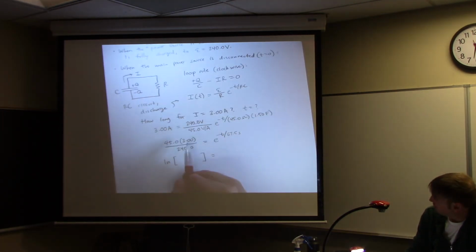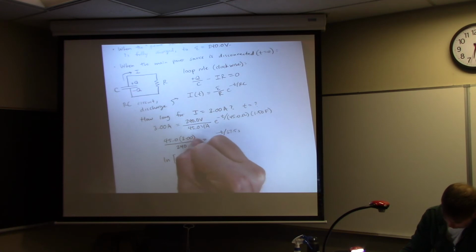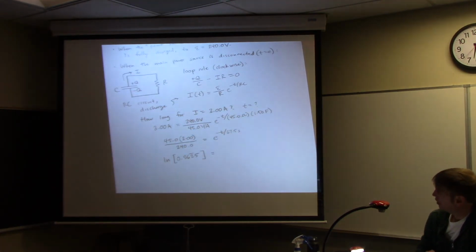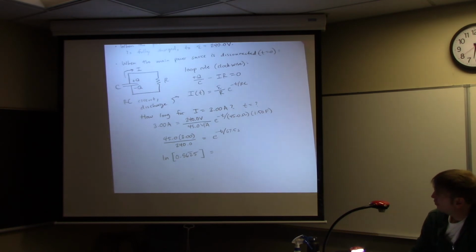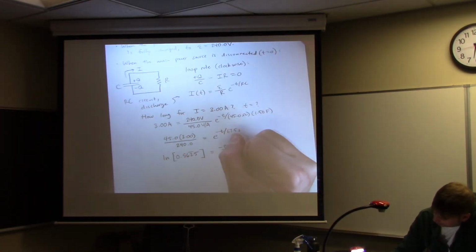Okay, and the left side, if you crunch these numbers, is 0.5625. So the natural log of 0.5625 is equal to minus t over 67.5 seconds. So guess what?